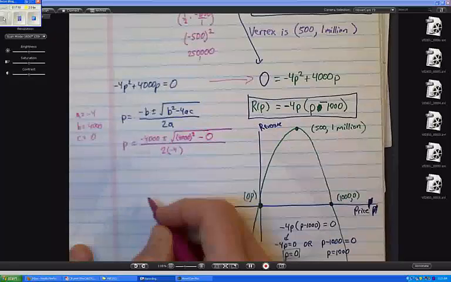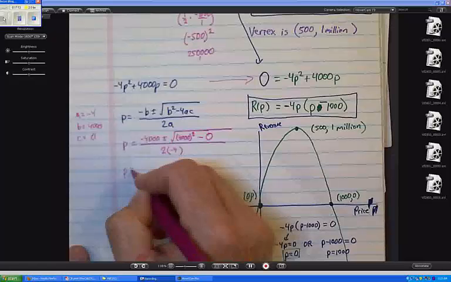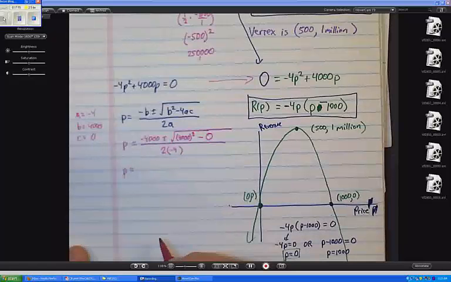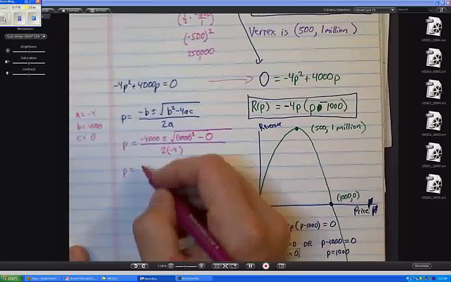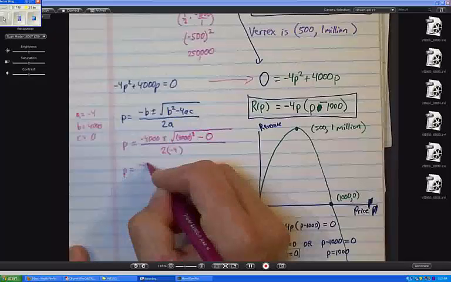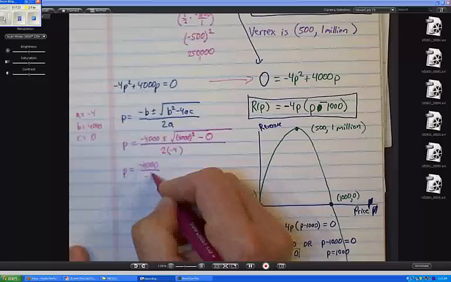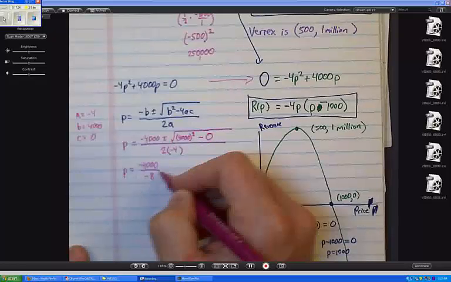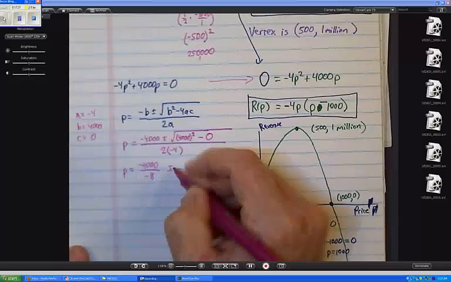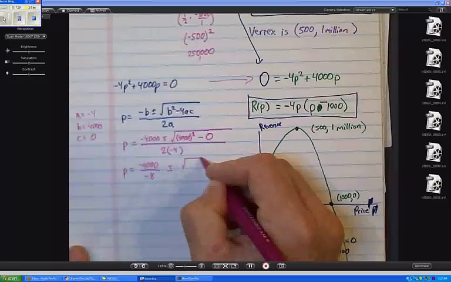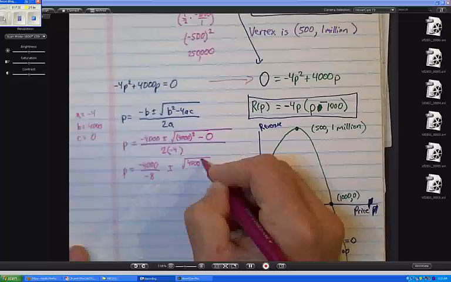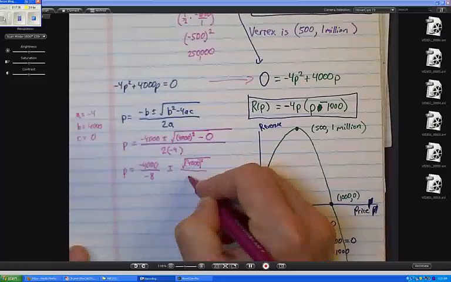So let's see. P equals, well, what happens? Let's simplify. I get negative 4,000 over negative 8 plus or minus the square root of 4,000 squared over negative 8.